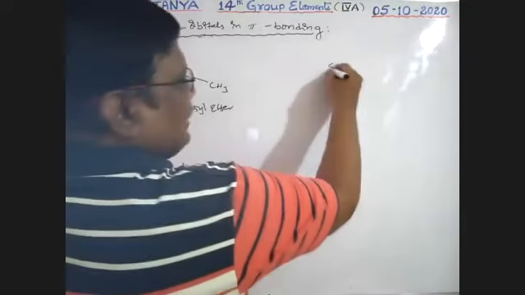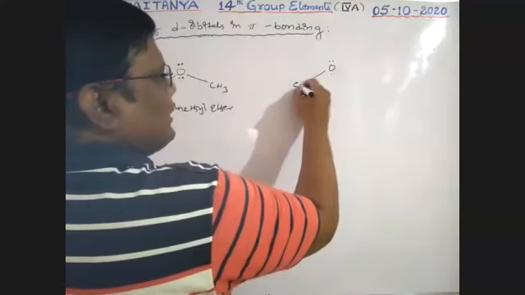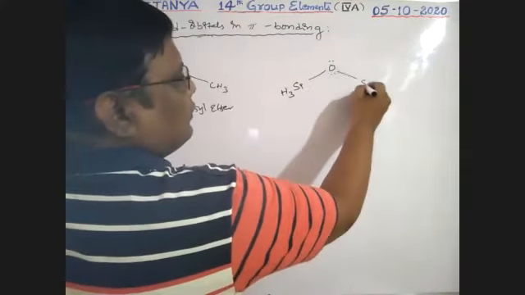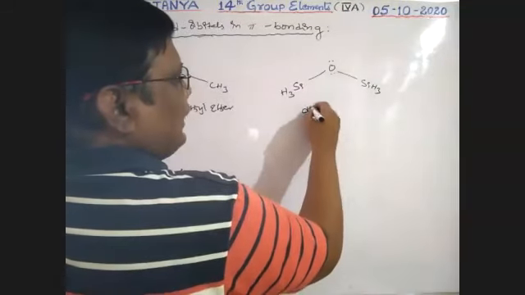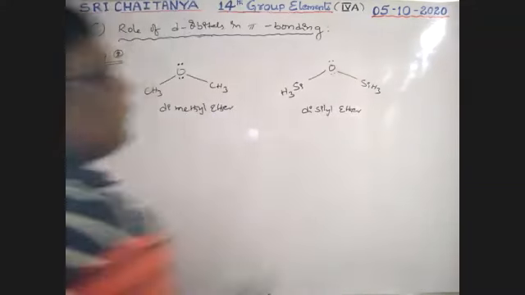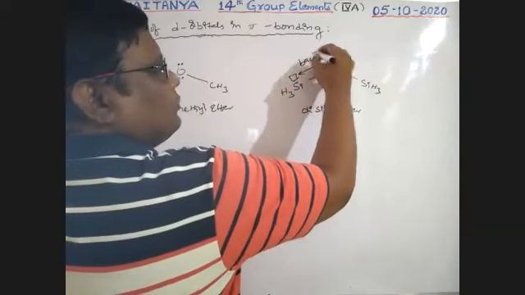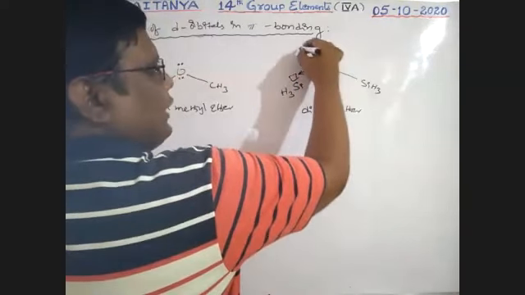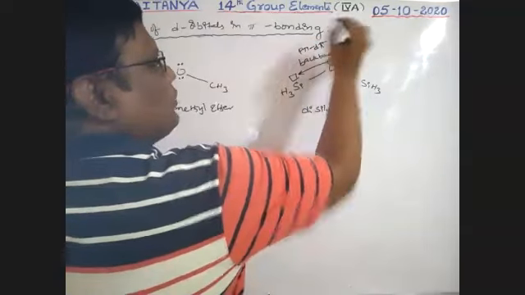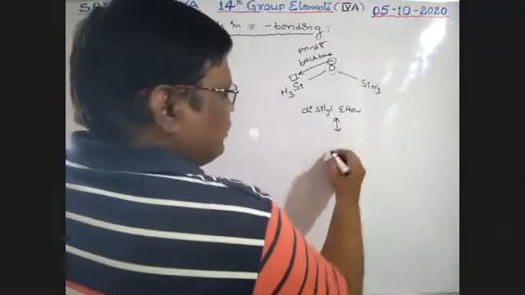Next, here oxygen with silyl groups: disilyl ether. So dimethyl ether, disilyl ether. Once again, silicon has an empty orbital. This lone pair is donated to here. It is back bonding. So once again, a p pi d pi bond is possible. That is why that molecule is involved in resonance once again, boys. So that is why it has more stability.